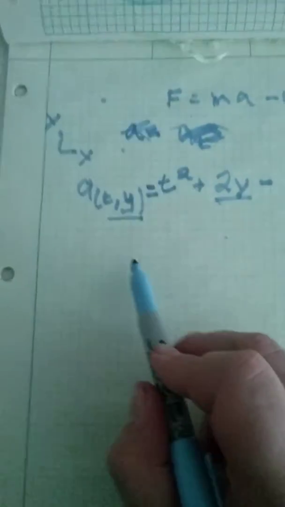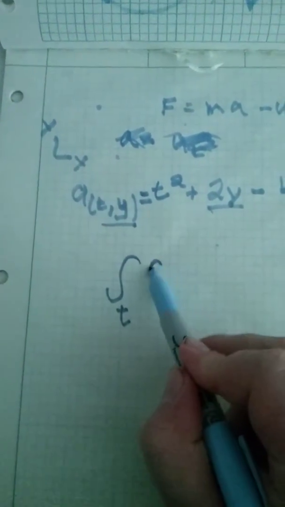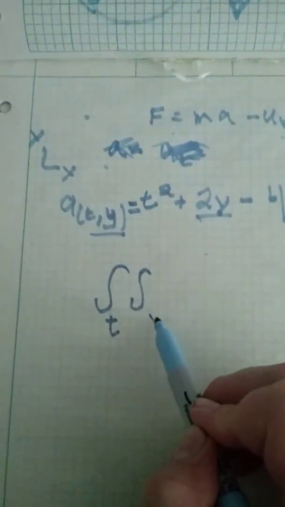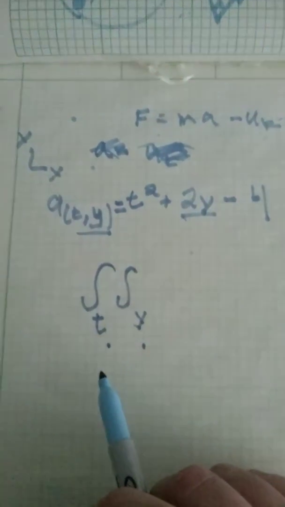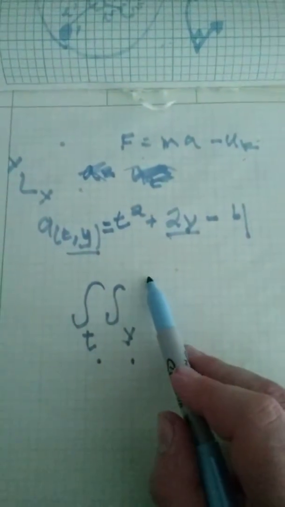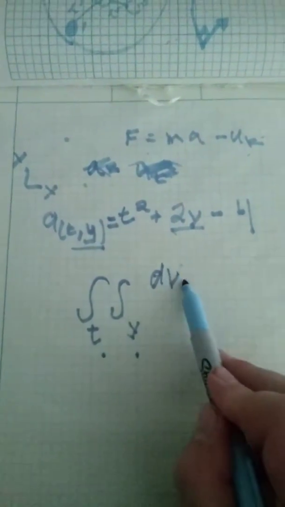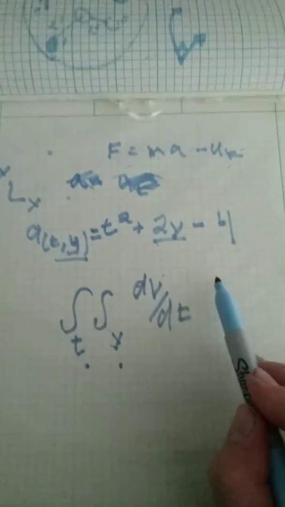So what you have to do is integrate with respect to time. You also integrate with respect to y. So you have acceleration, so you have dv dt, which is change in velocity with respect to time.